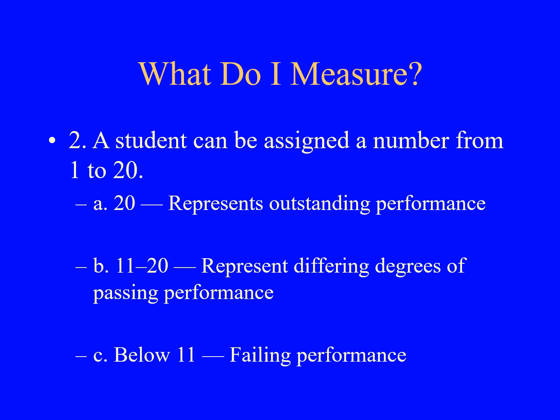Number two, a student can be assigned a number from 1 to 20. A, 20 represents outstanding performance. B, 11 to 20 represent differing degrees of passing performance. C, below 11, failing performance.